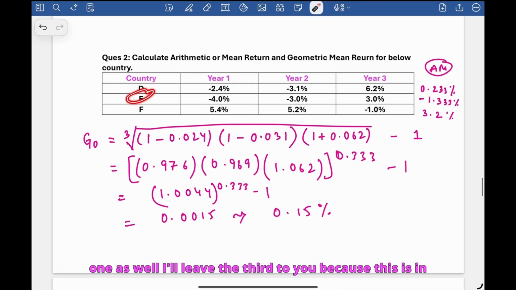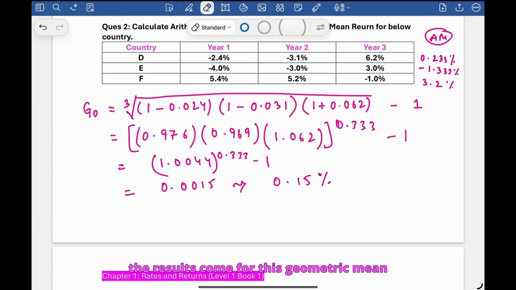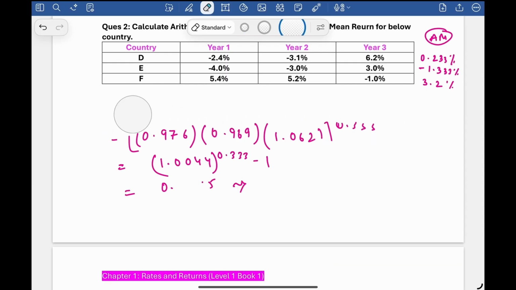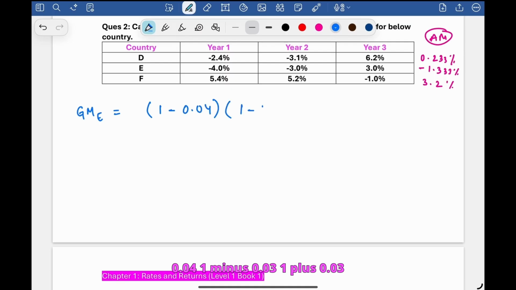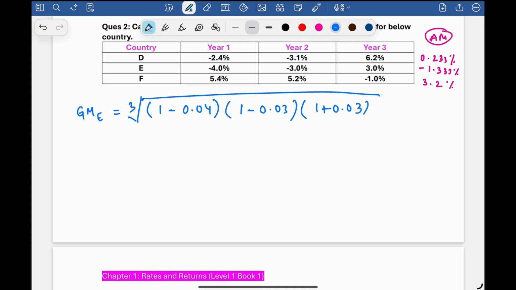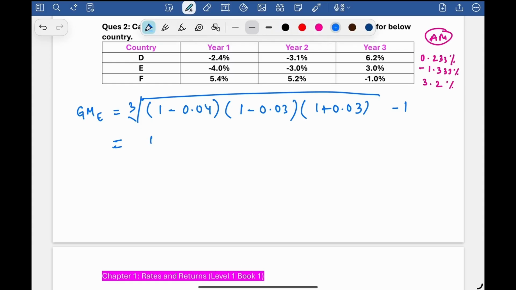Let's do the second one as well. I'll leave the third for your practice because it has negatives. So let's see what results come for the geometric mean for country E. I'll just write 1 minus 0.04, 1 minus 0.03, 1 plus 0.03, which is 0.96, 0.97, 1.03.